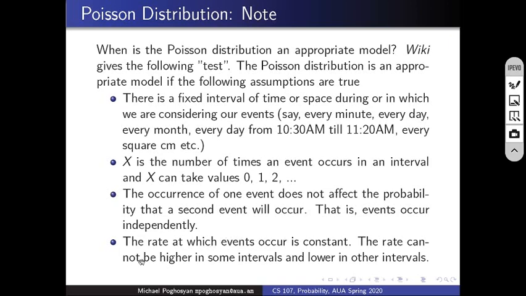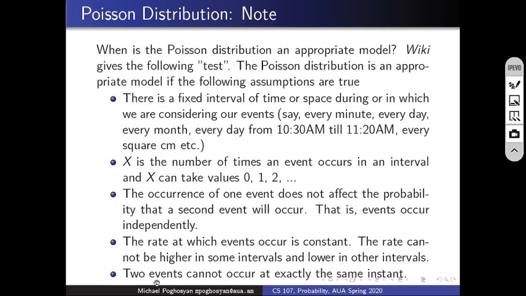So the rate cannot be higher in some intervals and lower in other intervals. Of course, the number of events X will vary because it is random, but the rate needs to be more or less constant. So in that case, we can model X as a Poisson random variable with some parameter lambda.